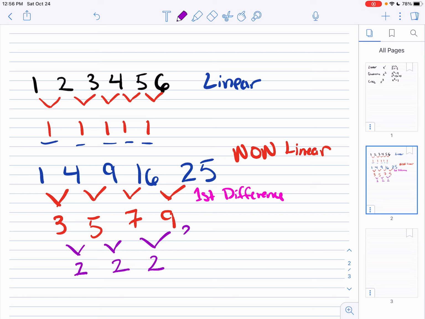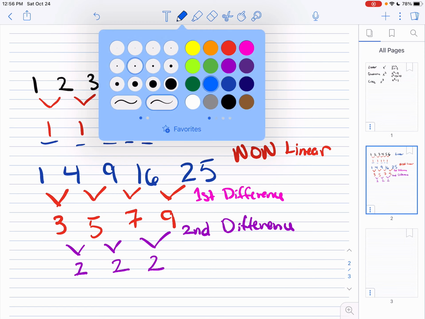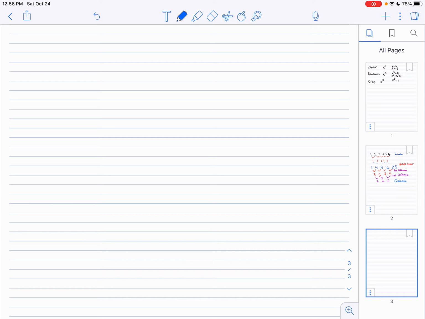We took the second difference, so basically we're taking a difference a second time. Now because these numbers are the same, this is a quadratic relationship.